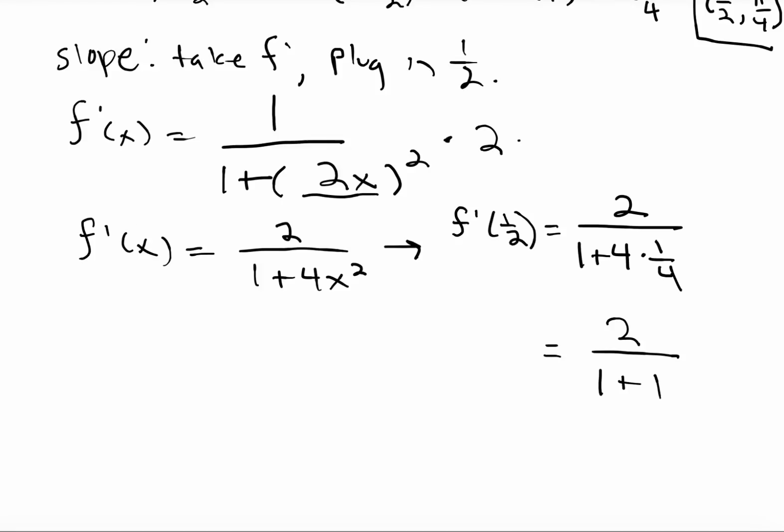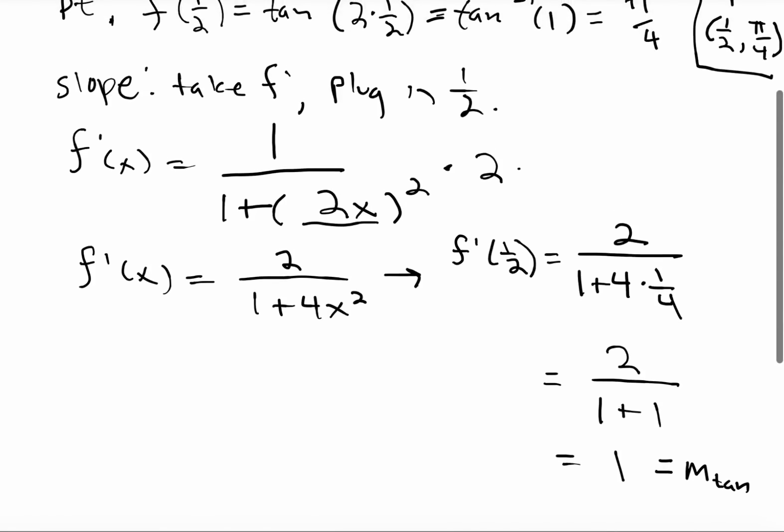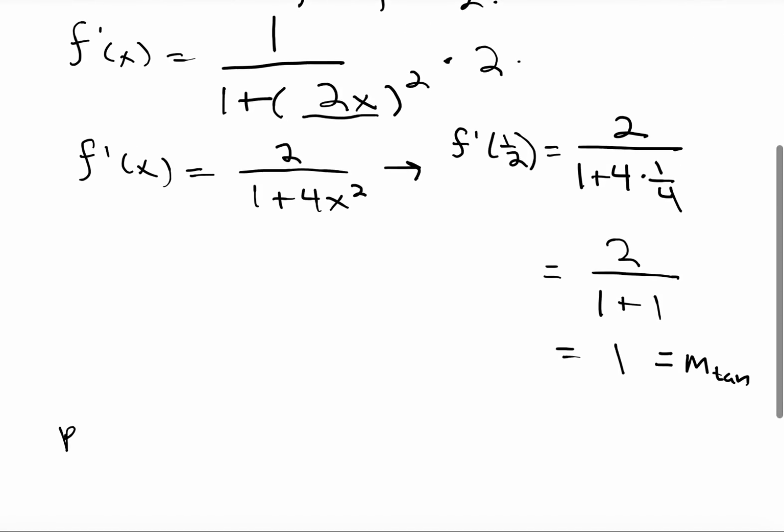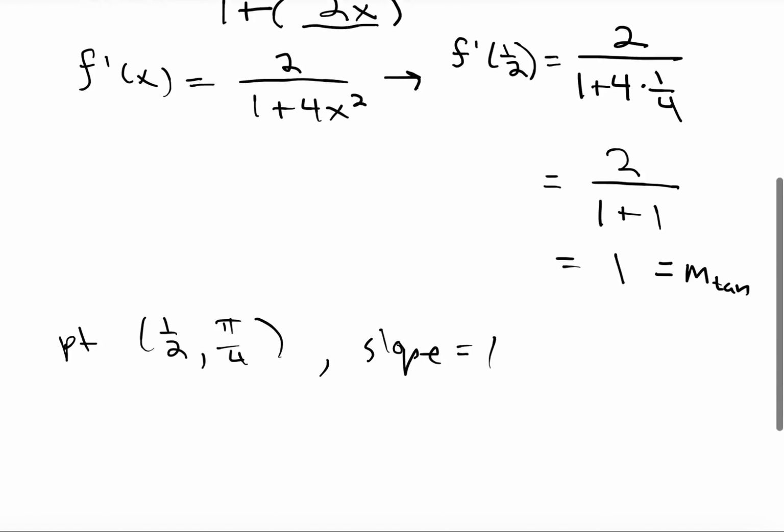This will be 1 plus 1. That should be 2 over 2, which obviously simplifies to 1. So again, this is supposed to be my slope for my tangent line. Now we just said that the point is this guy, and my slope is 1. So again, my point is a half, pi over 4, and my slope is 1.